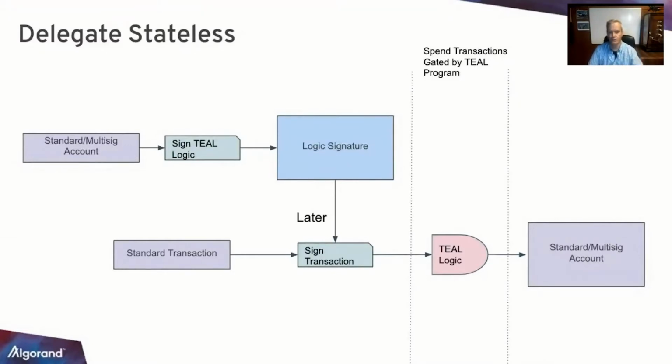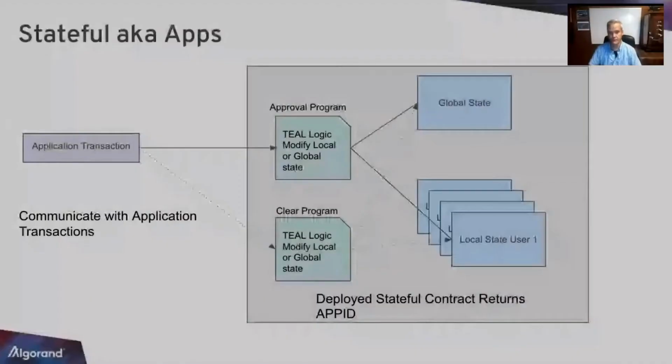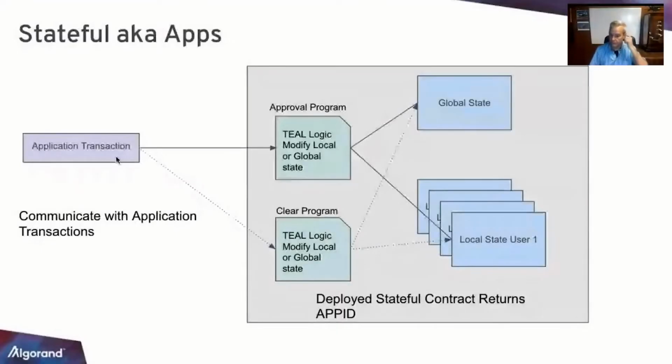But the newer one, this past summer, is that we came out with stateful contracts, and they function a little bit differently. Stateful contracts are composed of two TEAL programs, and I'll explain the difference of the two in a minute. These two TEAL programs live on the chain, just like an ASA, what we call an ASA in Algorand, which is an asset. You create it, and you get an asset ID when you create an asset.